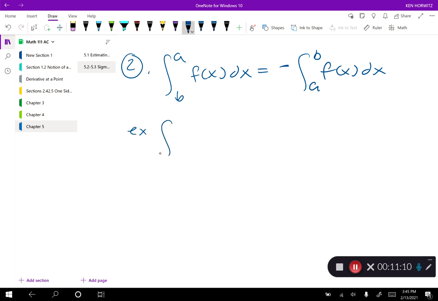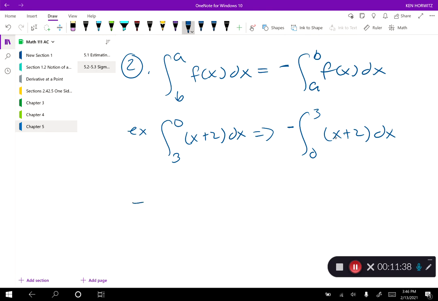Now this is valuable when you see something like this. My bigger number's on the bottom. And this is an issue because we can't integrate until our bigger number's on top. So I'm going to do negative integral from 0 to 3 of x plus 2 dx. Now I can integrate. So I have a negative on the outside.